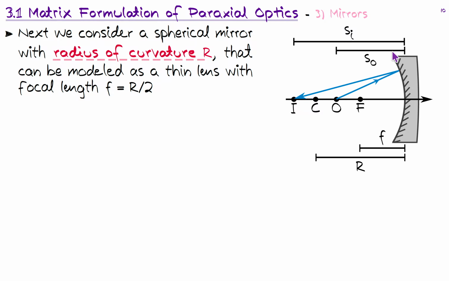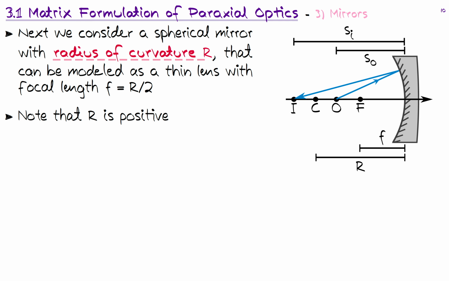And then these variables S_O and S_I again tell us the distance from the object to the principal plane of the mirror, similar to the case of a thin lens, and S_I tells us the distance from the principal plane of the mirror all the way to the image plane in an analogous manner as in the case of a thin lens.